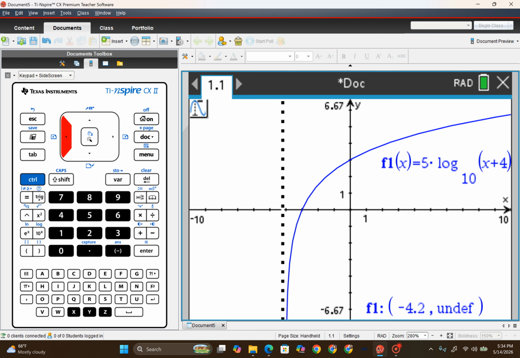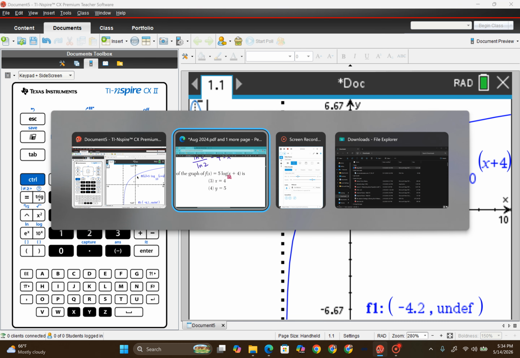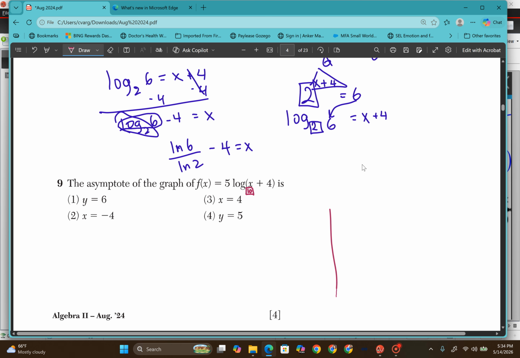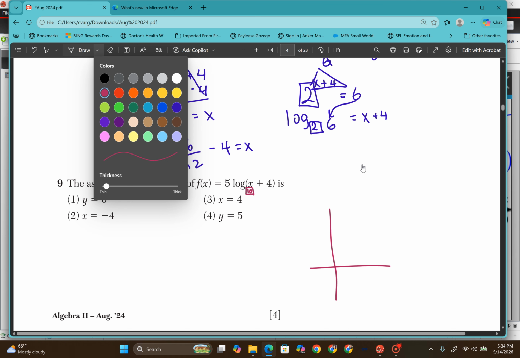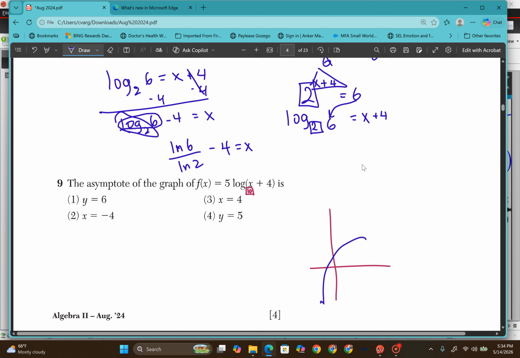So now the next question is, this is a vertical line. If I draw this over here, this is what your graph is going to look like. It's going to be something like this, and then at negative 4, it does not cross.